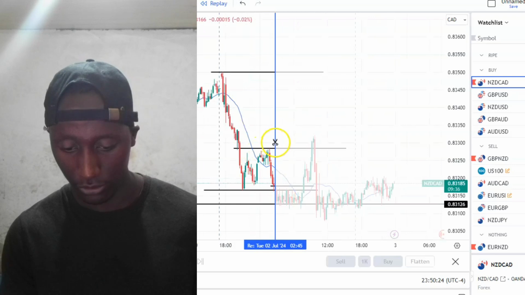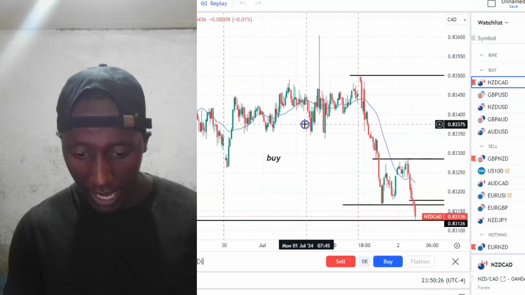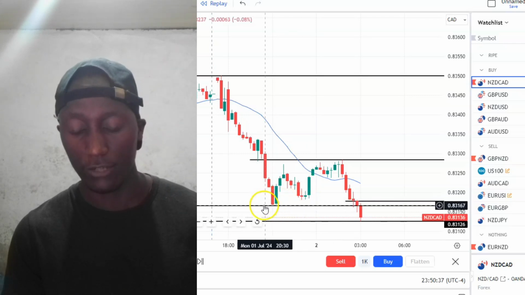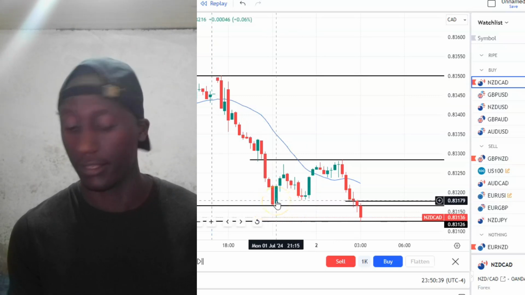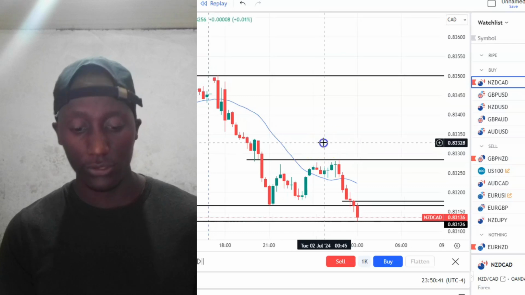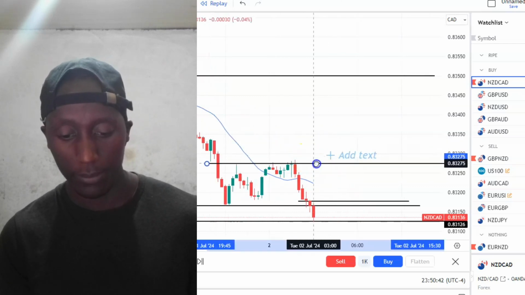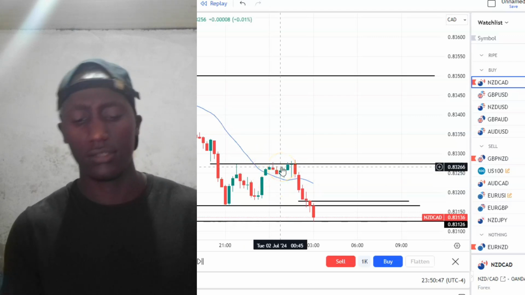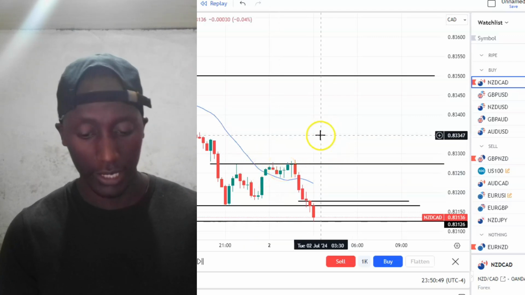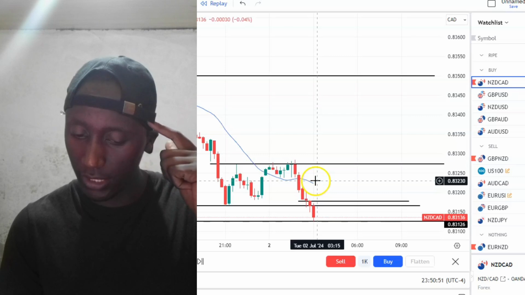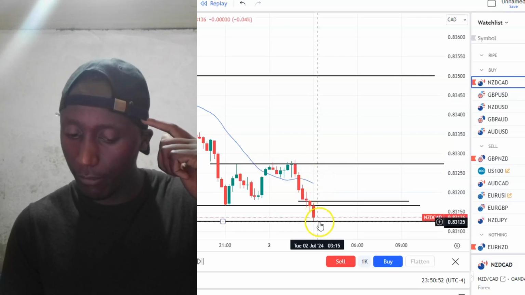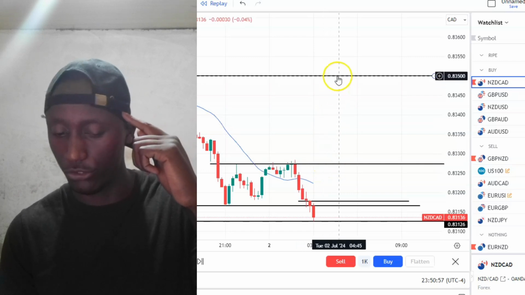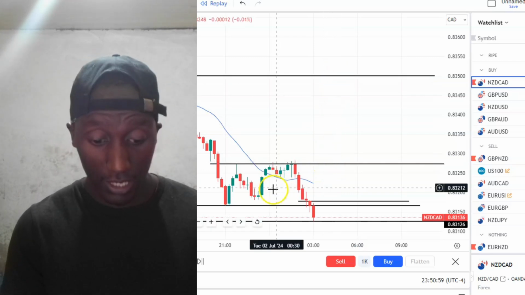In the London session, we have this area, the low of the day prior to my window opening at 3 a.m. But also we have this area here where price was bouncing off but did not continue higher. In my head I'm thinking, if we break this level, there's a very high probability price will continue to this level. So what happens?